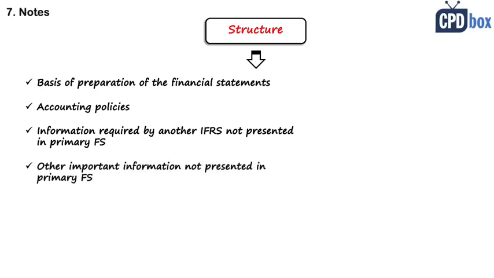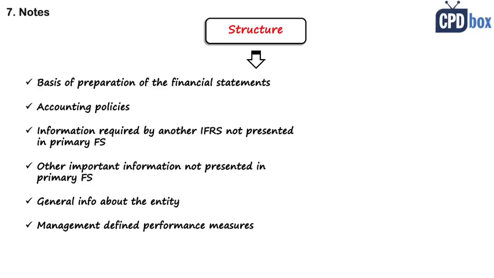Next, other important information not presented in primary financial statements. For example, about some events that might have affected the business. Here we need to present also general information about the entity, if not shown elsewhere, like a description of its activity, legal name, who the parent is, etc. Management-defined measures.